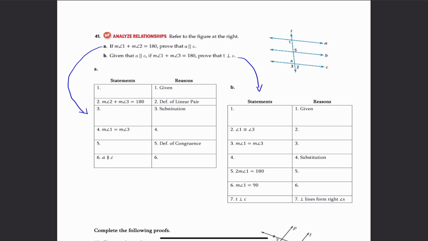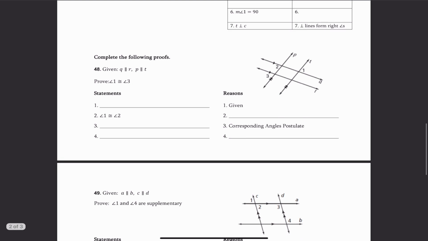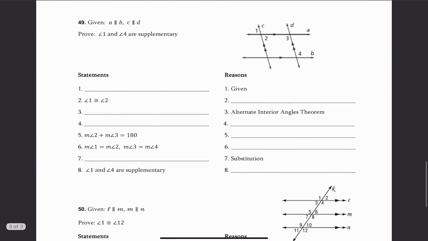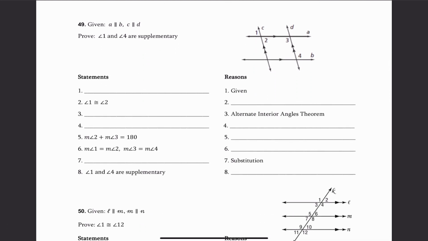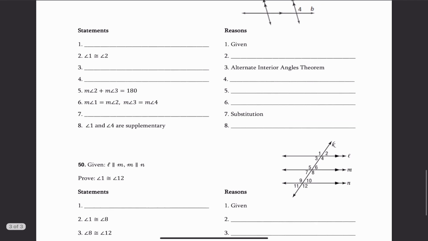You're going to be using the same image for these two column proofs, okay? And make sure you use your given, and then prove that angle 1 is congruent to angle 3. Alright, let's go ahead and do 49, and then 50 you can do on your own.